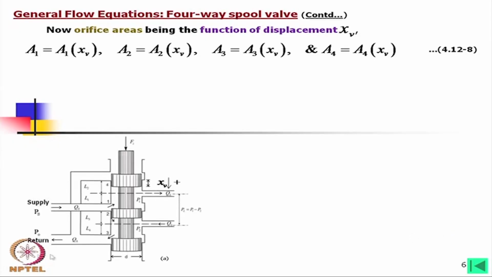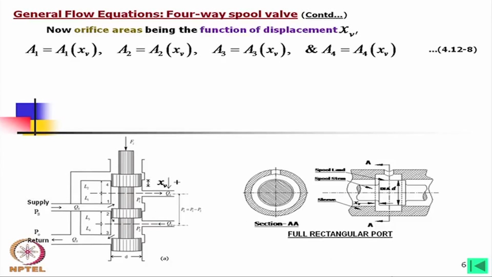So, the area which we have considered in the equation, A1, is actually a function of xv. Similarly, A2 is A2(xv), A3 is A3(xv), and A4 is A4(xv). Okay.